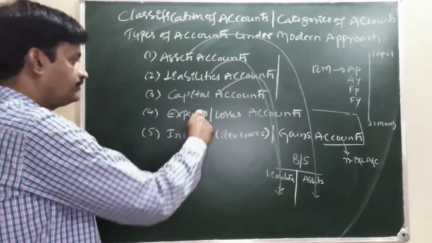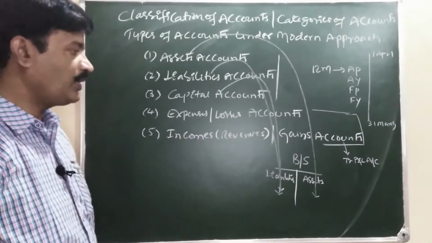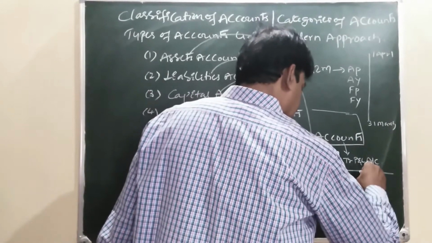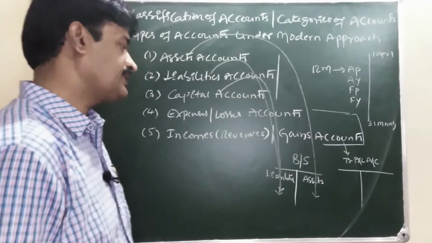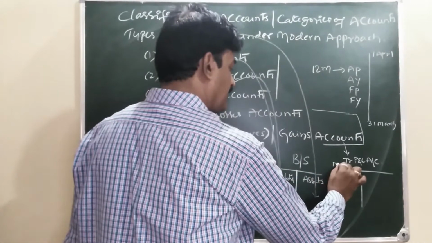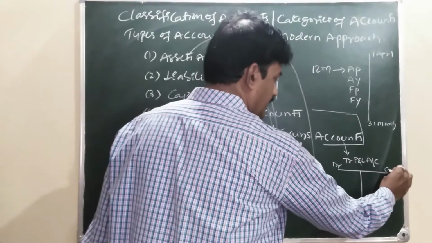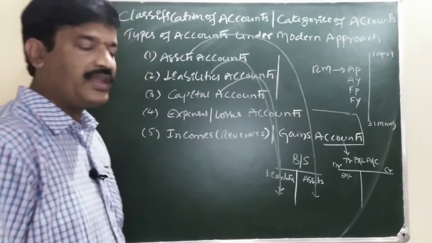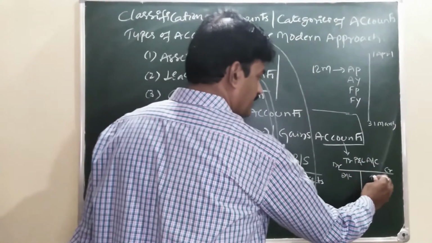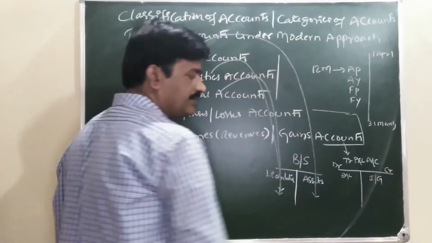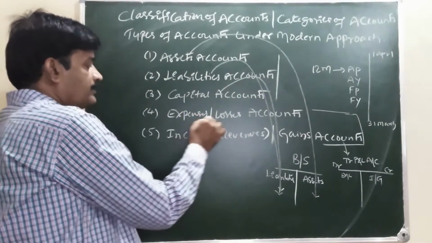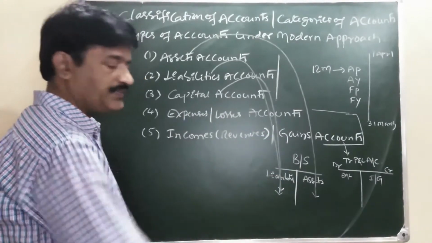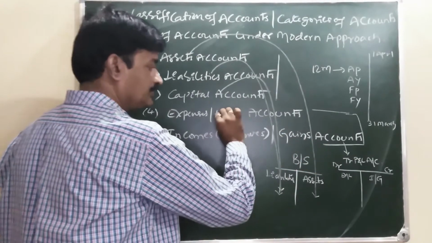And the last 2, that is temporary accounts, are transferred to trading and profit and loss account. It consists of 2 parts. Left hand part is called debit, the right hand part is called credit. On debit side, expenses and losses are recorded. On credit side, incomes and gains are recorded. The balances of expenses and losses are closed and transferred to the debit side of trading and profit and loss account.